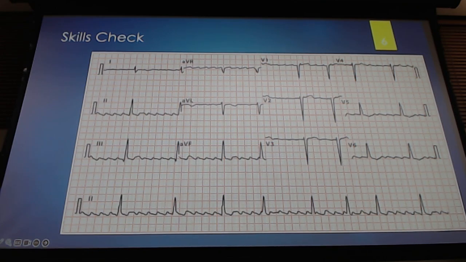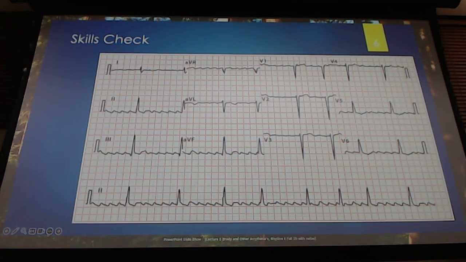Because if all of those atrial depolarizations got down to the ventricles, our rate would be in the 300s and 400s.